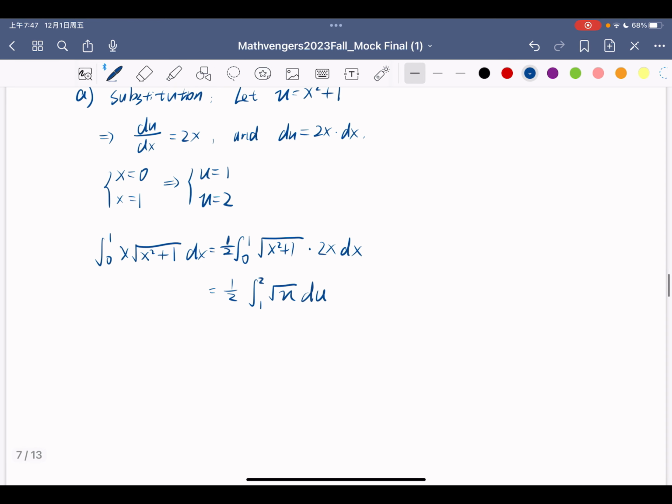Okay, so now you can see the integration becomes easier, because we just need to integrate u to the power of 1 over 2. This should be 1 over 2 plus 1, which is 3 over 2, and multiply by 2 over 3.